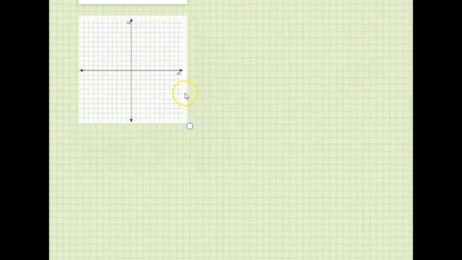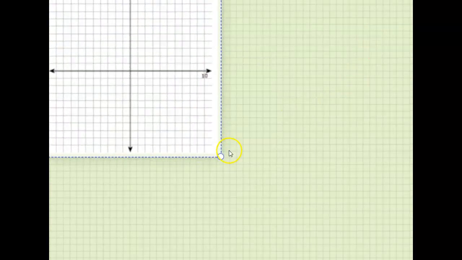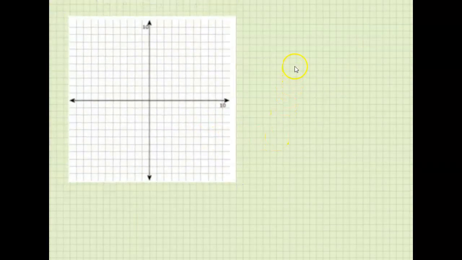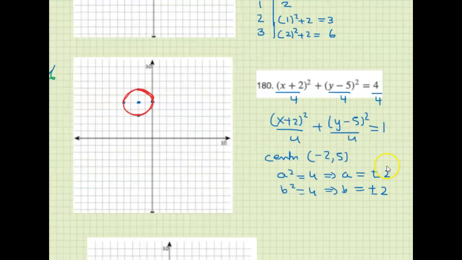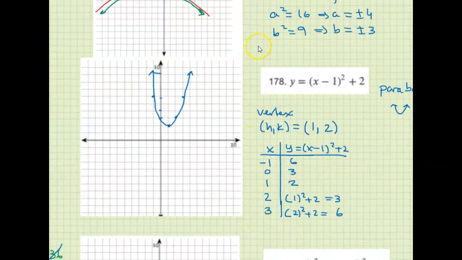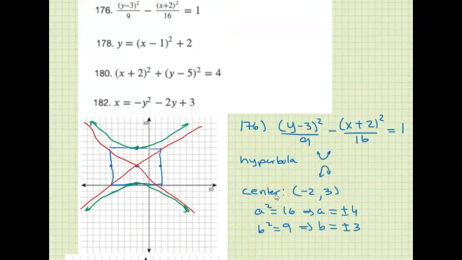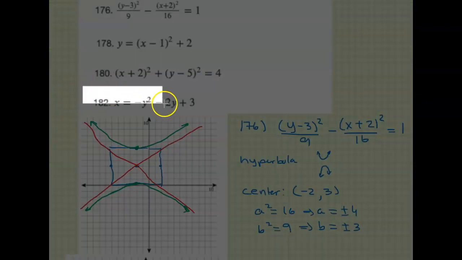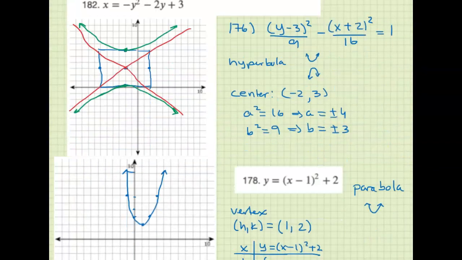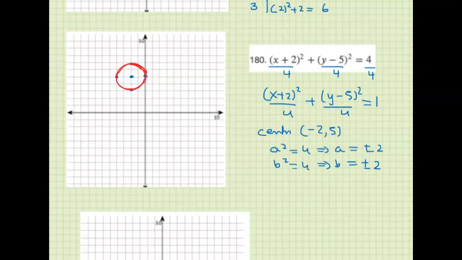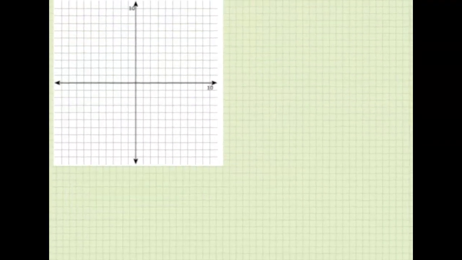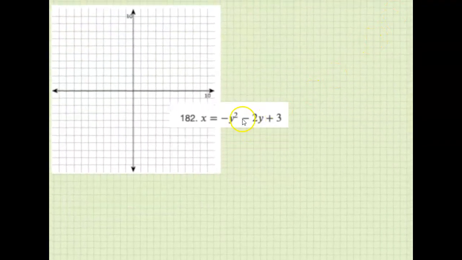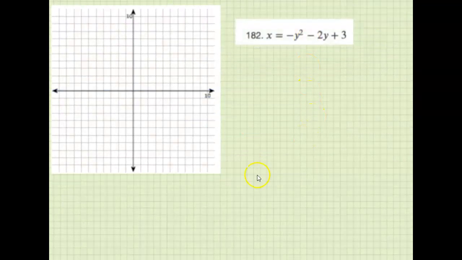Okay, so here's my last grid. Let me grab that problem. All right, let's see what kind of graph this is.